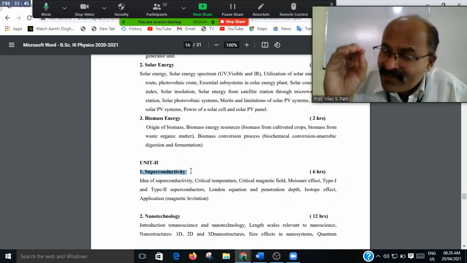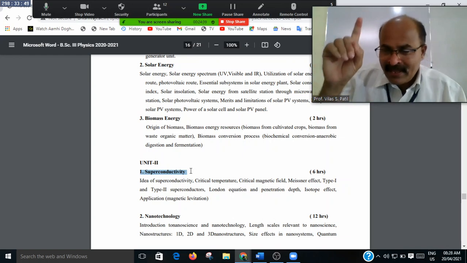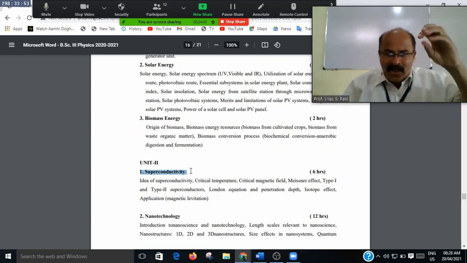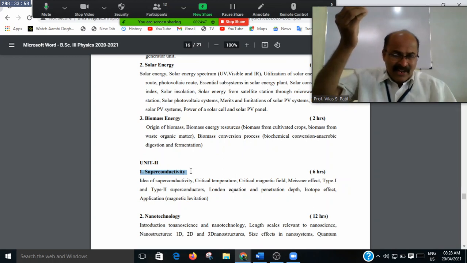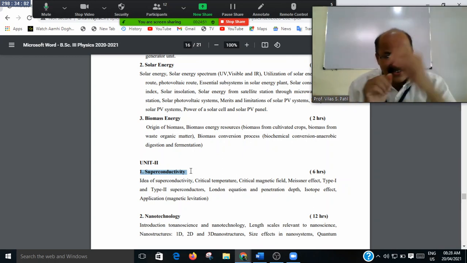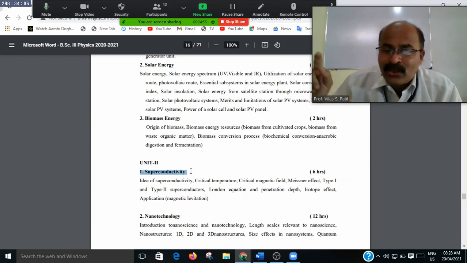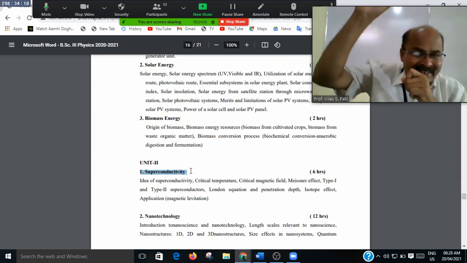If the resistance is very less, conductivity will be high. If the resistivity is greater, conductivity is smaller. Smaller conductivity goes to insulator; higher conductivity goes to conductor.